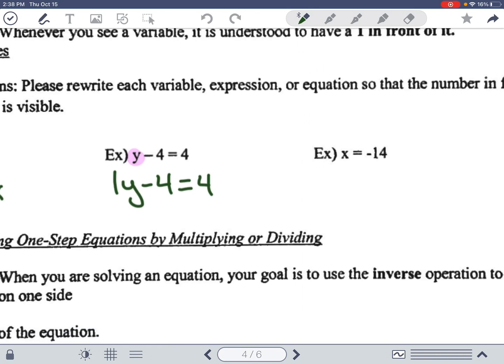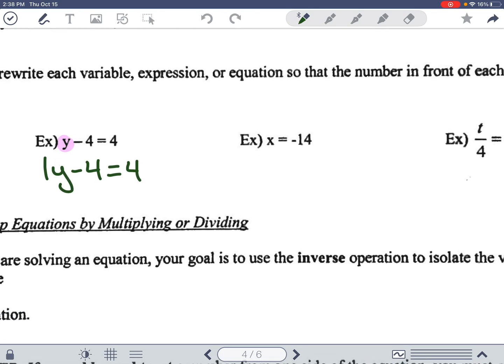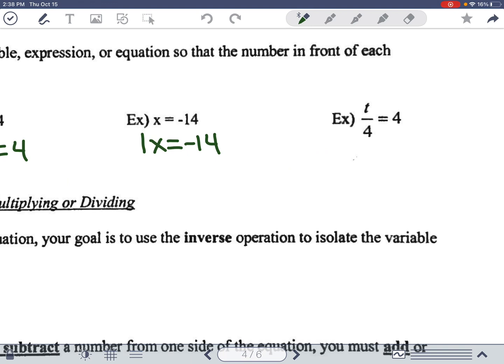And in one of the last examples, x equals negative 14, it's actually 1x equals negative 14. That's an invisible 1. You don't have to put it there. Like when we're talking about, hey, look at that car, we don't say, hey, look at that one car. We just say, hey, look at that car. It implies that it's one car. So in this one, we've got 1t divided by 4 equals 4. All right? Okay, so let's move on.